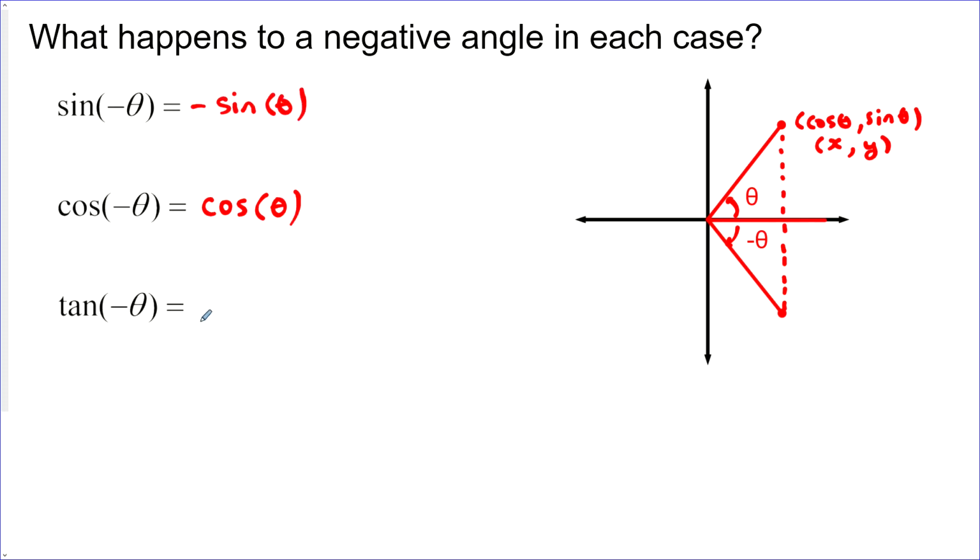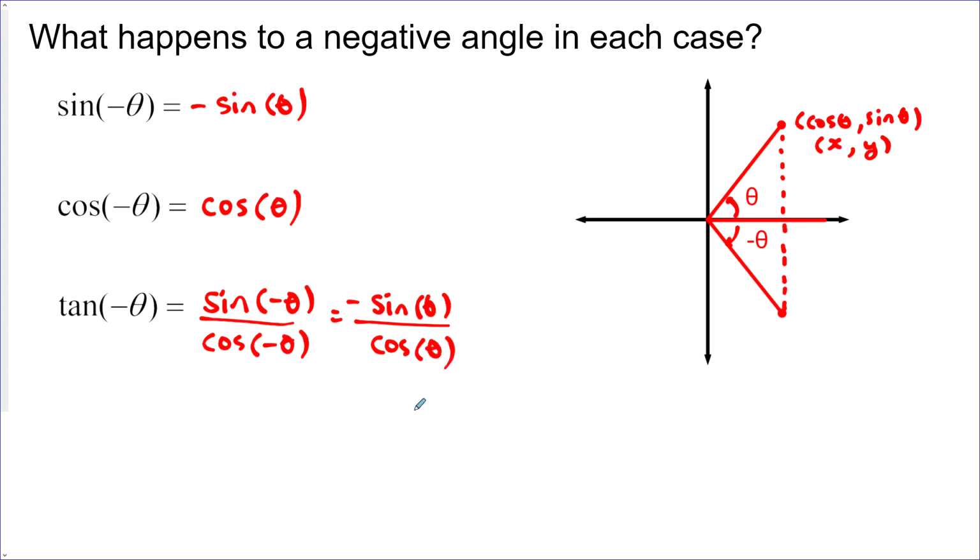Now for tan, we have these ones figured out already, so we'll break tan down into sine and cos. We know that sine's negative, sine just comes out, and cos cancels. And sine theta over cos theta is just equal to tan theta. So we see tan works just like sine.